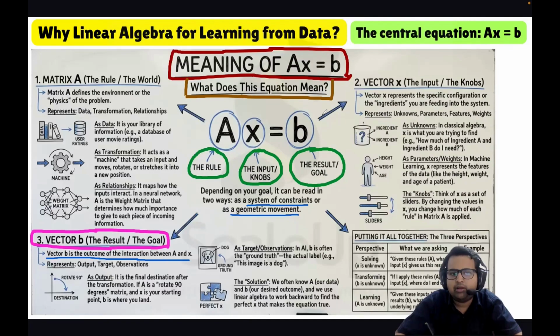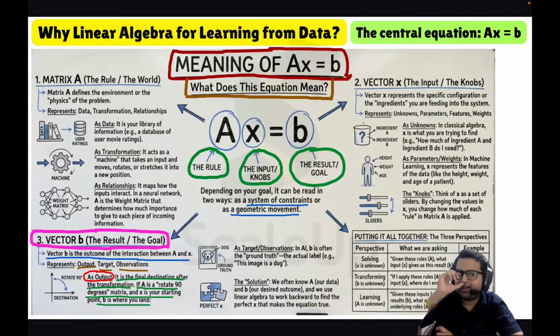It represents the target, the observations. If vector b is representing the output, then it is basically the final destination after the transformation. Like if A is a rotate 90-degree matrix and x is your starting point, b is where you land.